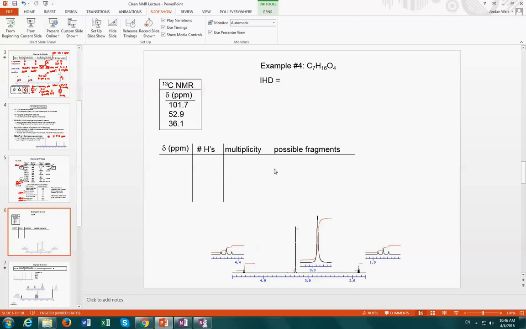All right, this is A to G over here. This is H to R, and then the rest of the alphabet.